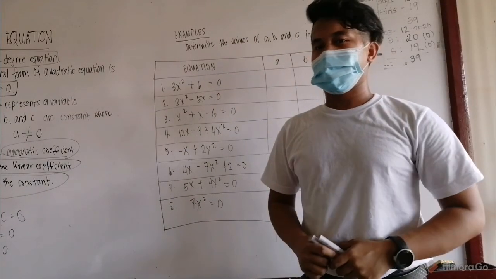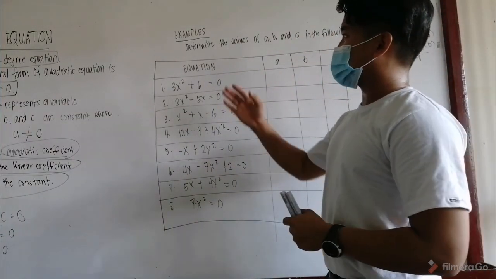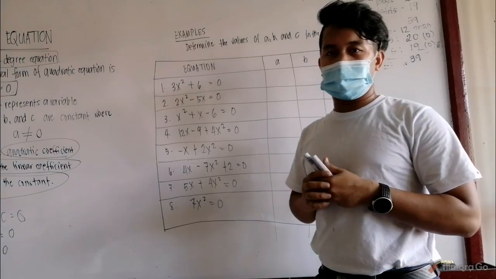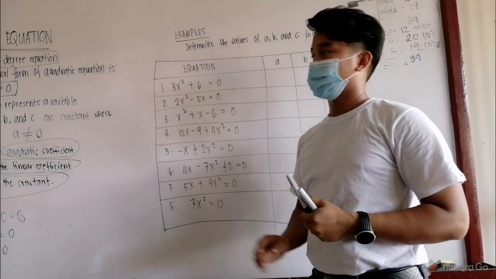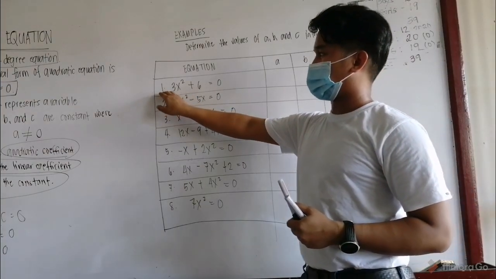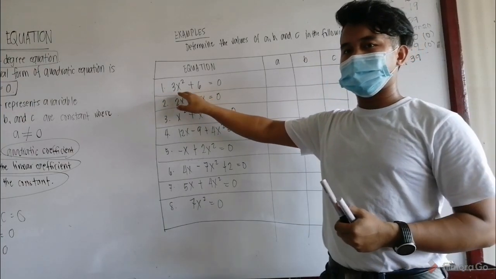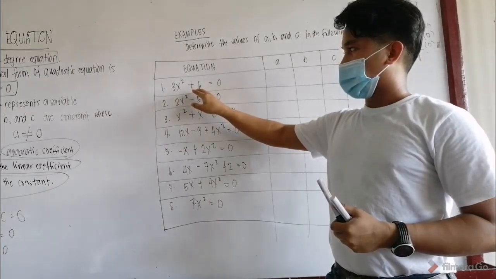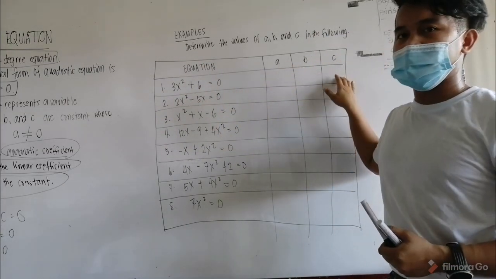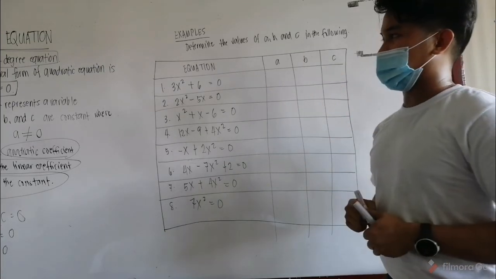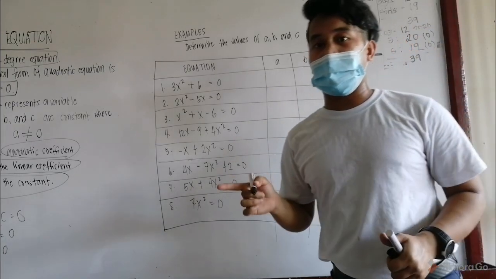For our example, let us try to determine the values of a, b, and c in the following given. For our number 1, we have 3x squared plus 6. Okay, how can we determine the value of a, b, and c? Just by looking at the general form of the quadratic equation.